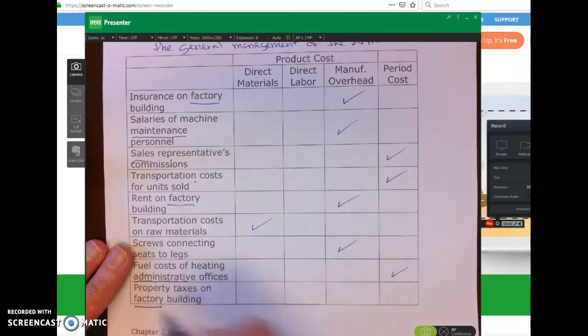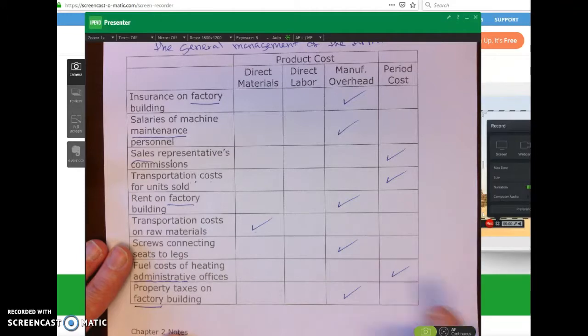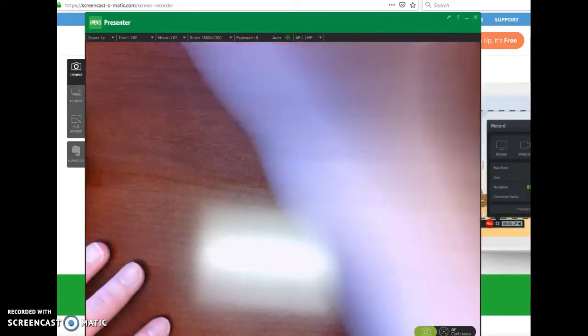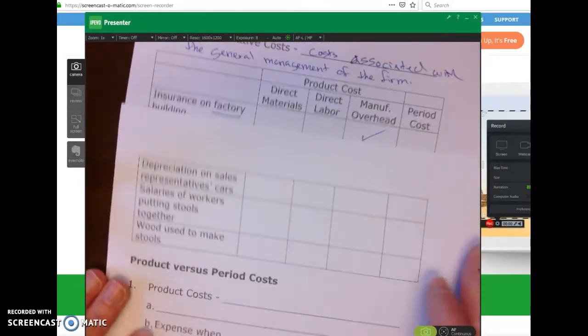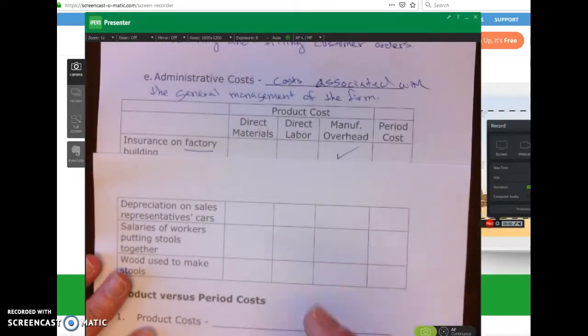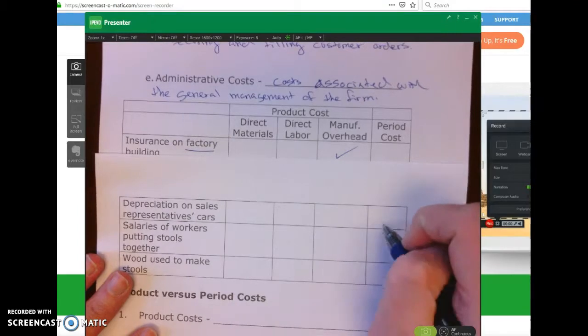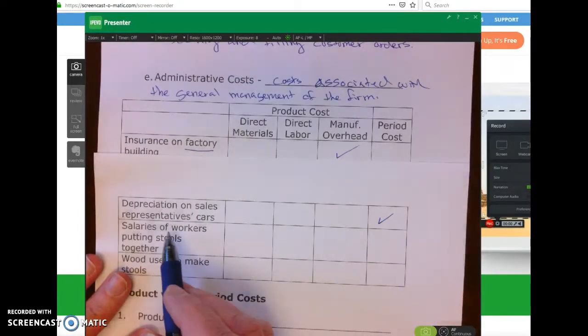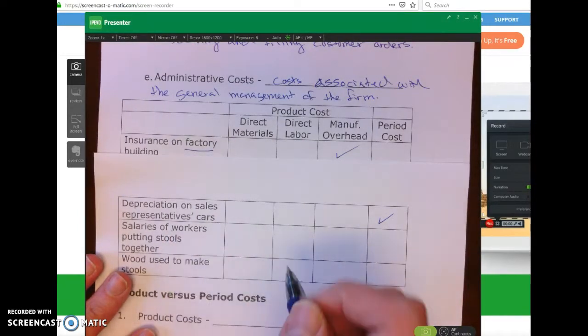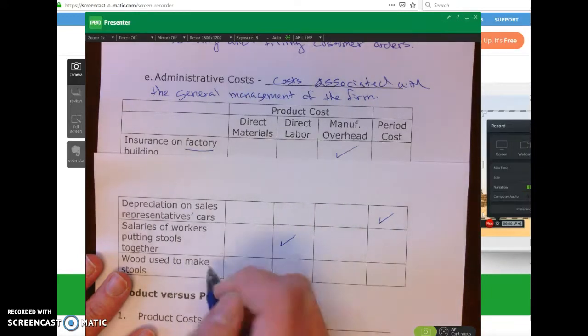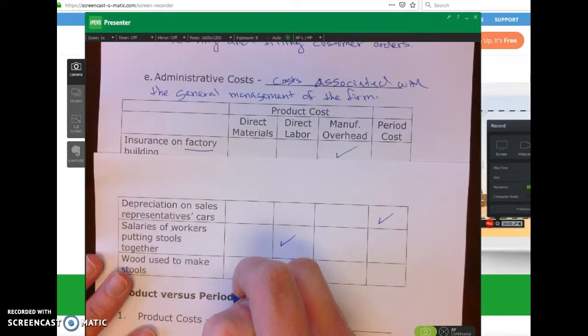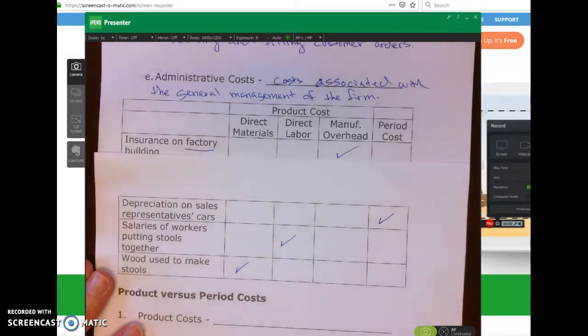Property taxes on the factory, again, that would be considered manufacturing overhead. Depreciation on salesperson's cars, that's a period cost. Salaries of workers putting the stools together, that would be considered direct labor. And then the wood used to make the stools would be considered our direct materials.